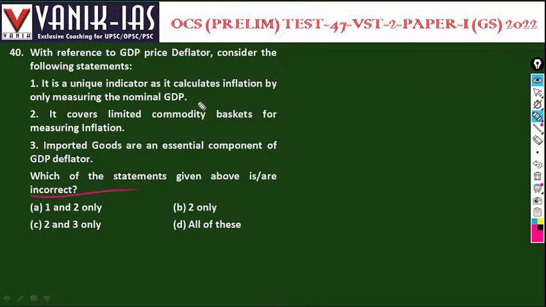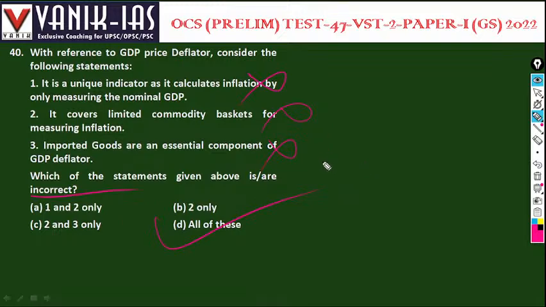No, GDP deflator records both nominal GDP and real GDP. So the first statement is wrong. It covers a limited basket of commodities for measuring inflation. There is nothing like that. All the imported goods are an essential component of the deflator. No. GDP means goods produced in India. So this is not there. So all of these are incorrect.